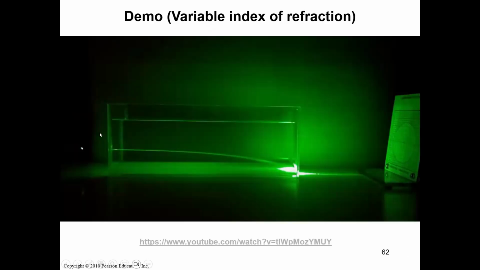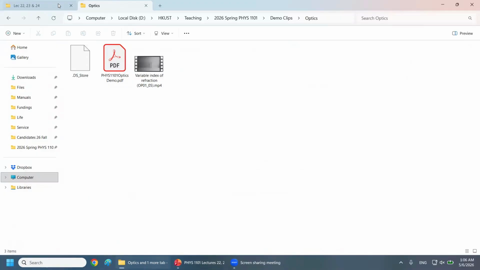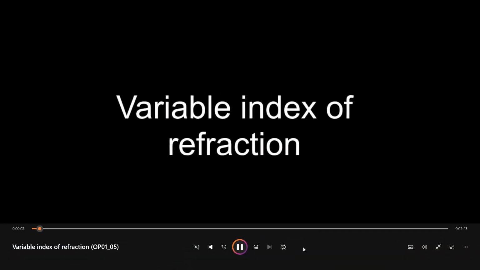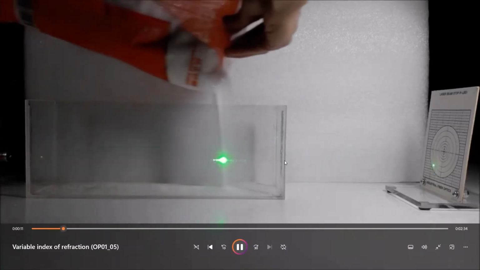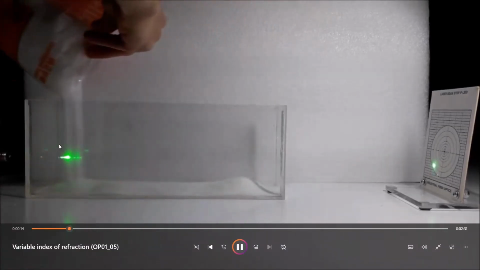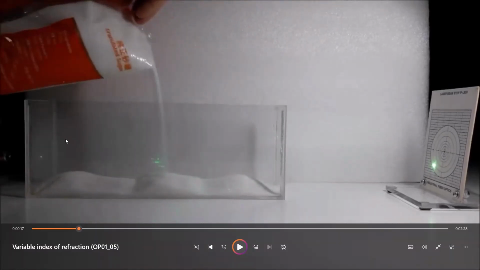Okay, we have a demonstration. This is telling us how light would travel if we have a variable index of refraction. In this case, we have a laser pointer here, and then we put some sugar inside this tank.